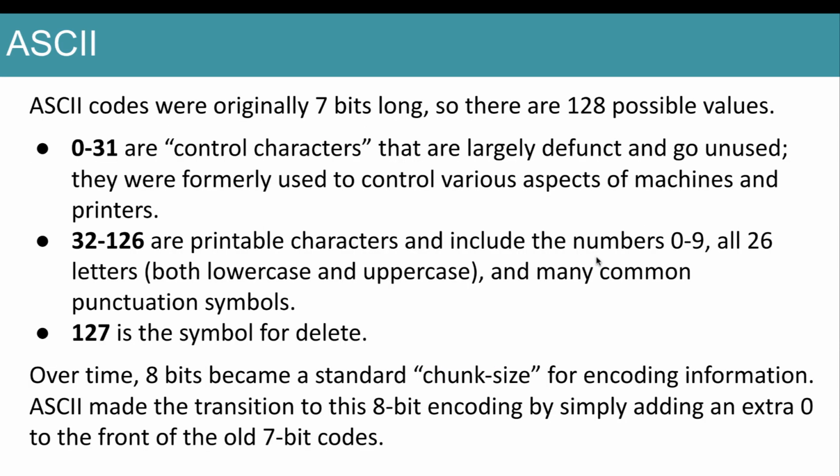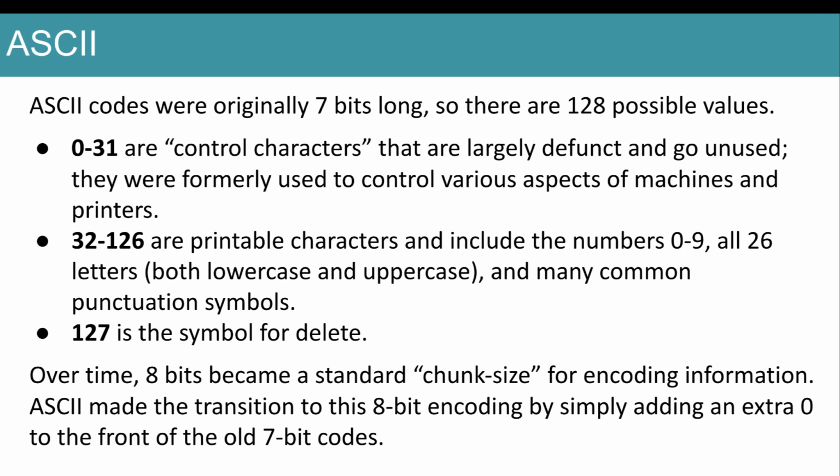ASCII codes were originally only 7 bits long, so there were 128 possible values. That's why you see 128 values, 0 through 127, in the table. The first 32 are control characters, and they mostly go unused. But 32 through 126 are the printable characters.